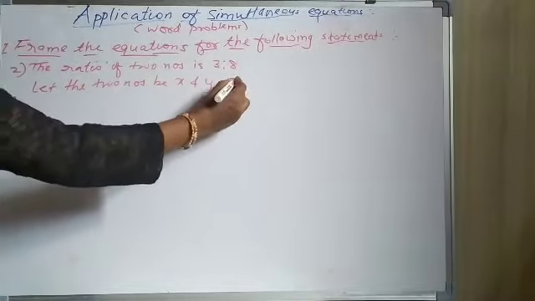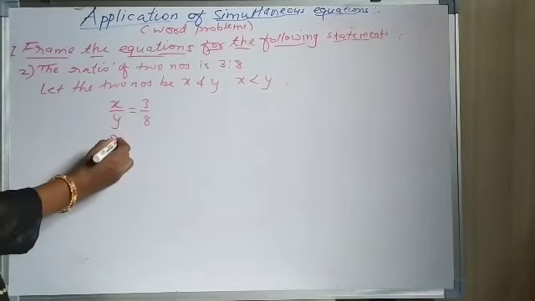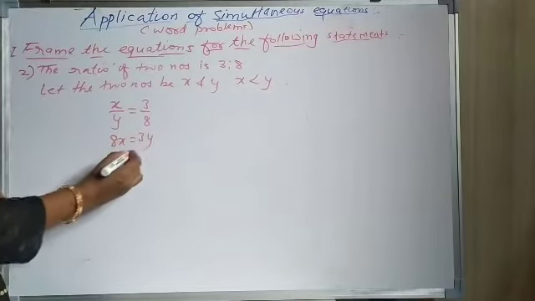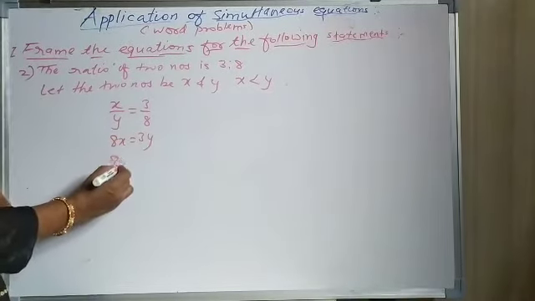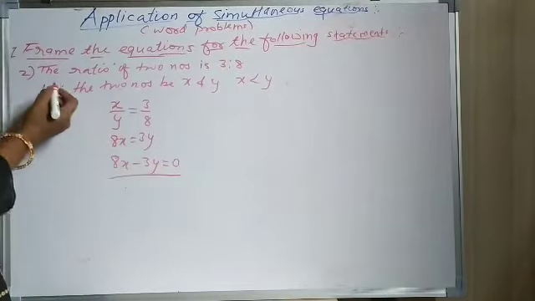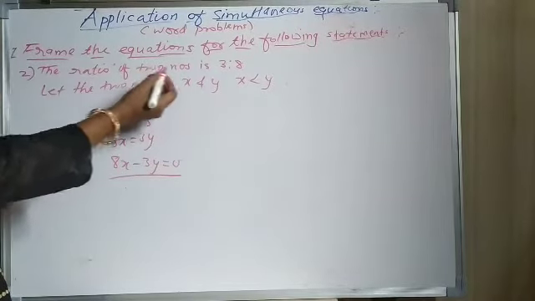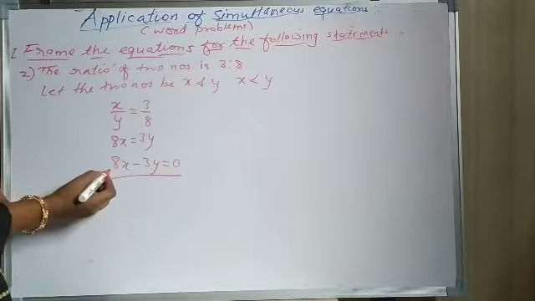Ratio means x divided by y, in fraction form. So the x to y ratio is equal to 3 upon 8. Rearrange this: 8x is equal to 3y. Again, bring this term to this side: 8x minus 3y is equal to 0. So using two variables, for the statement the ratio of two numbers is 3:8, this is the equation.